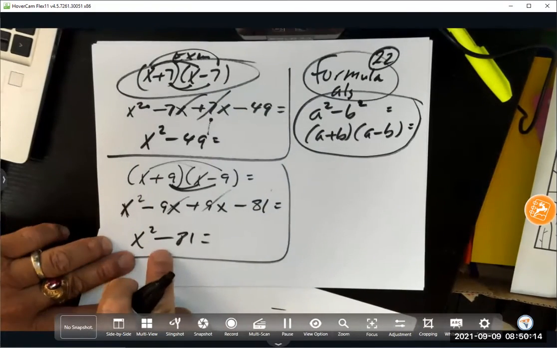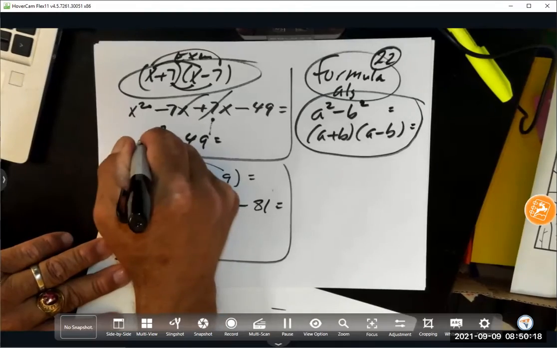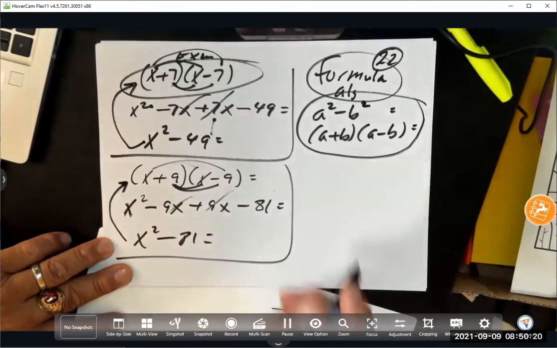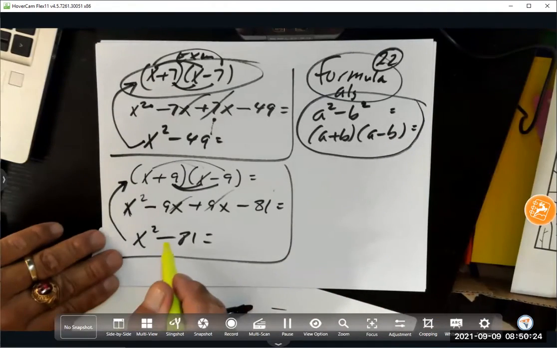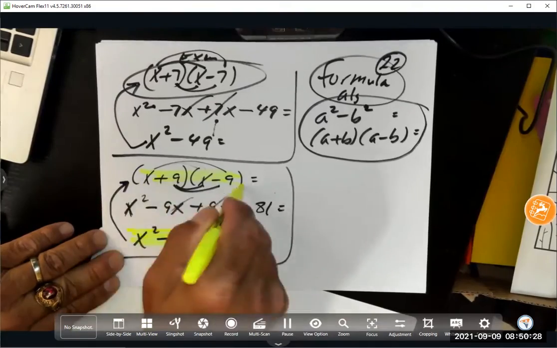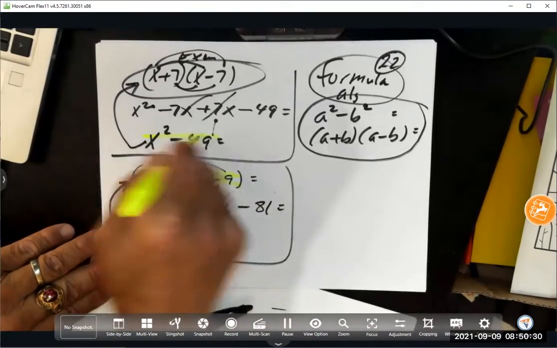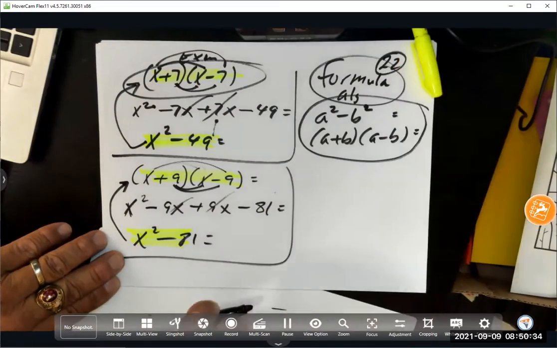This one, x squared minus 81, is really that one. X squared minus 49 is really that one. You see what I'm doing? If you were to go backwards, this one in the bottom will become this one right here. Does that make sense? This one in the bottom really will become what? That one up there.